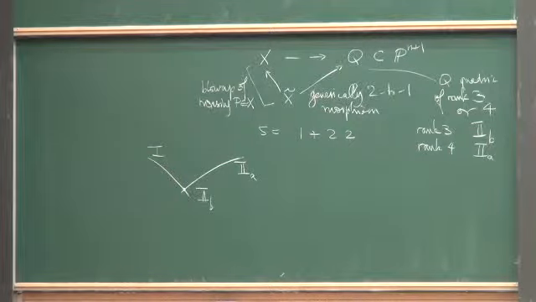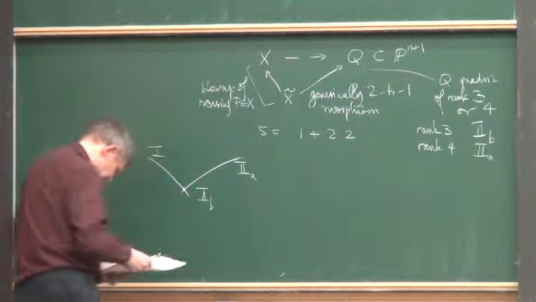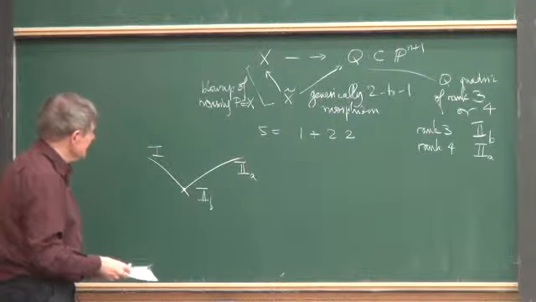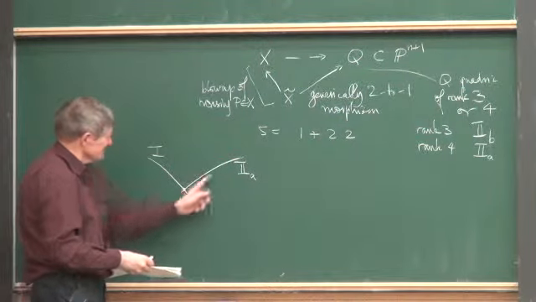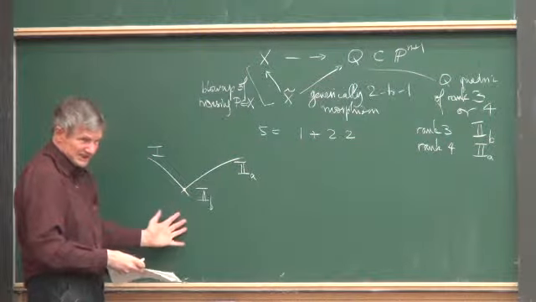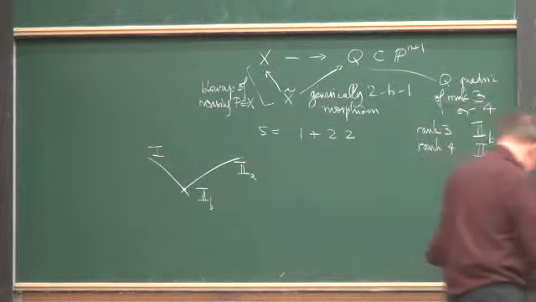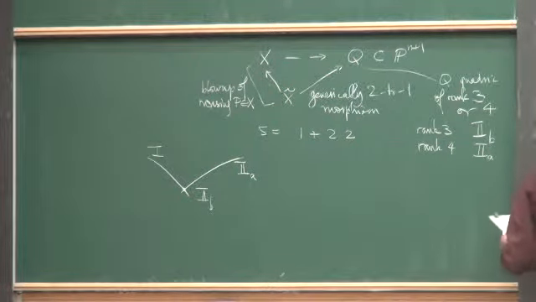Okay, so it's mapping into a quadric that contains a very big linear subspace. This result doesn't guarantee that these components actually exist. Right, and so this is the thing that I'm going to tell you about.